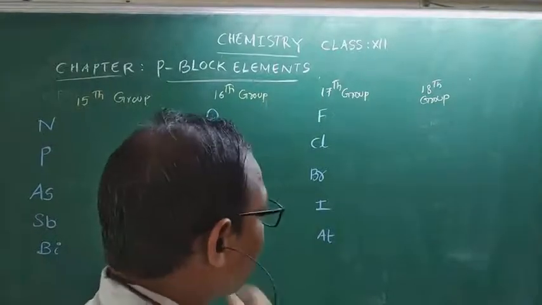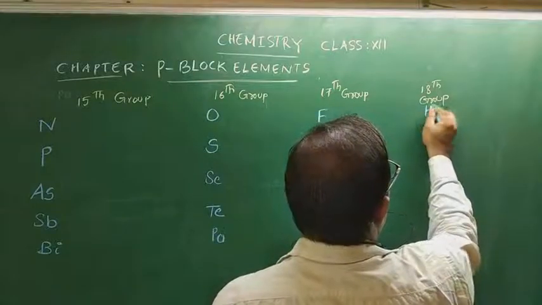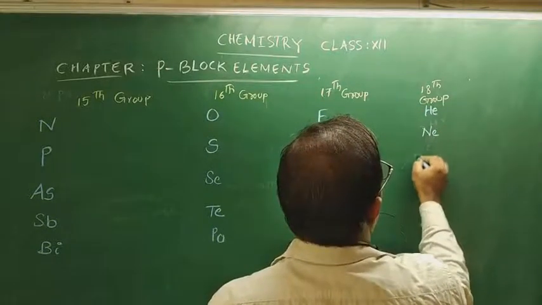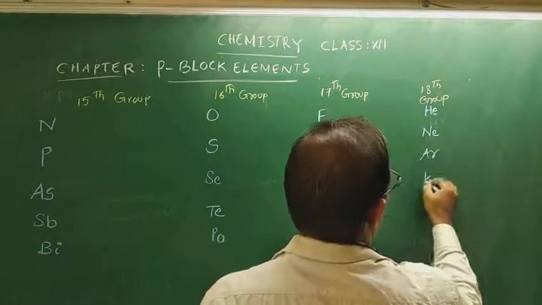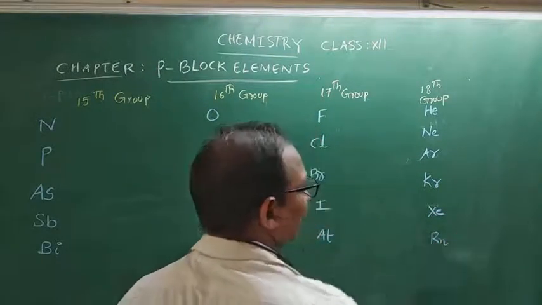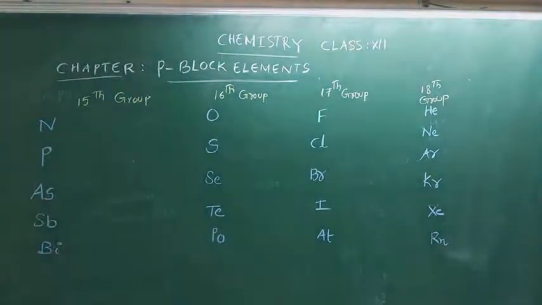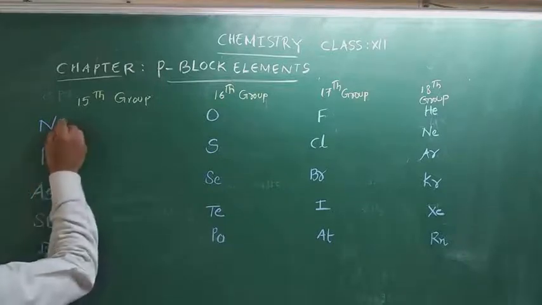And 18th group elements: helium, neon, argon, krypton, xenon, radon. These are the elements. Now let me write the atomic numbers of these elements.